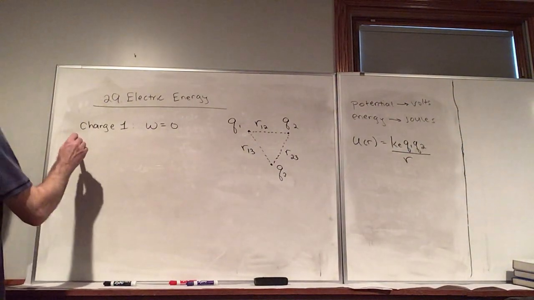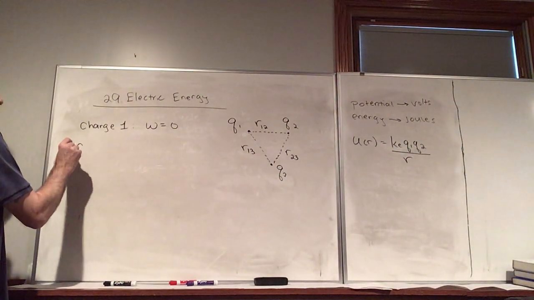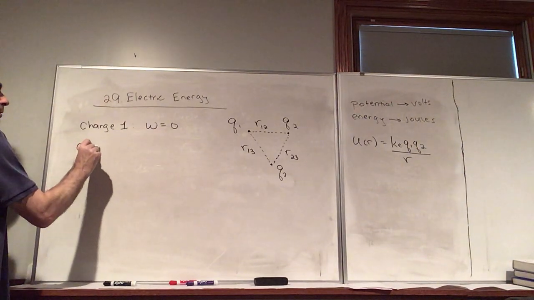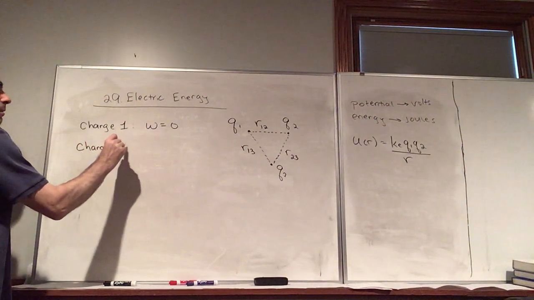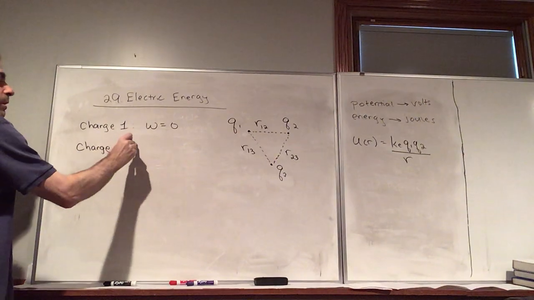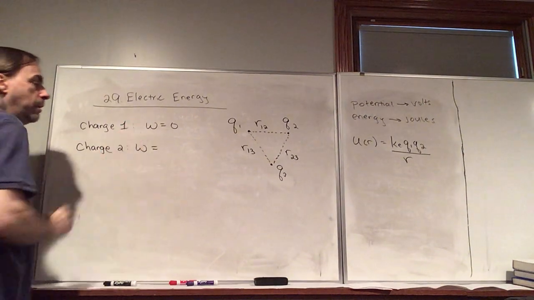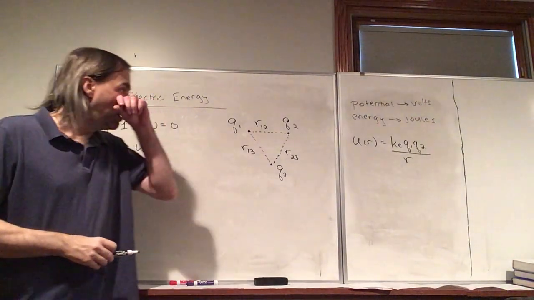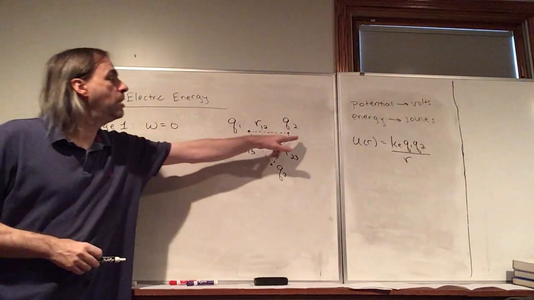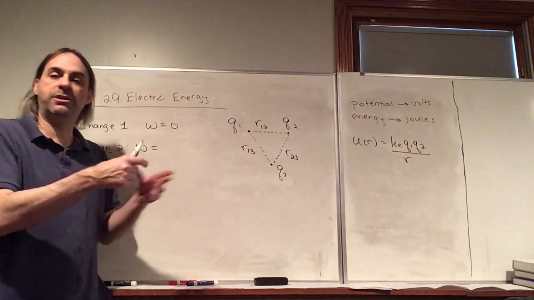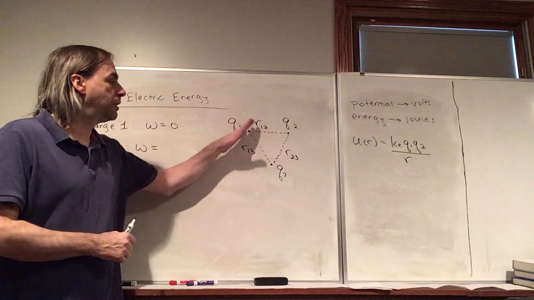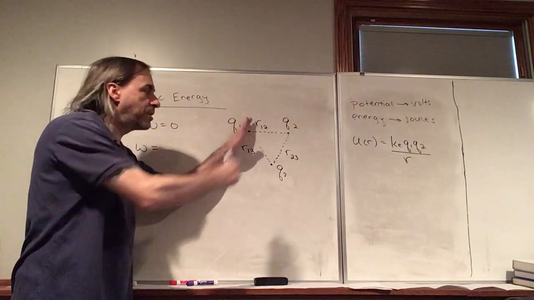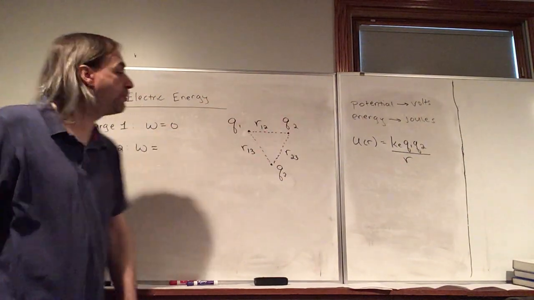Okay, what if we bring in charge 2? Now there's going to be work required, because once Q2 gets close to Q1, they're going to start pushing off each other. Q1 is fixed, and now we have to force Q2 into that location.